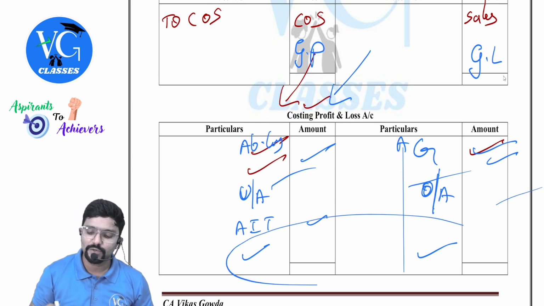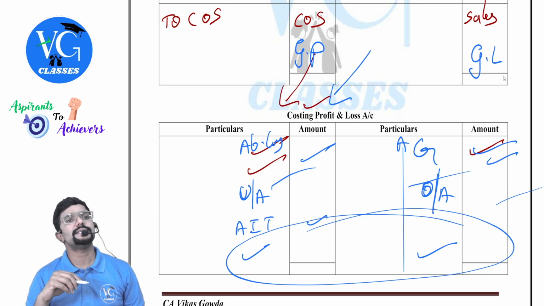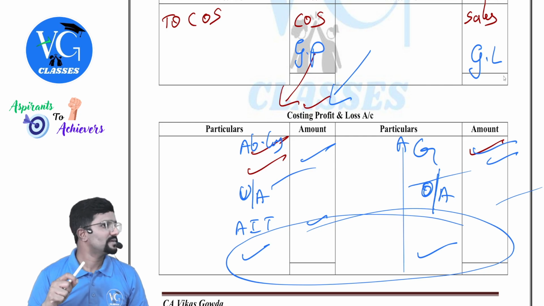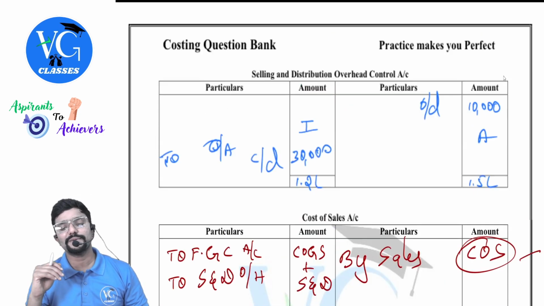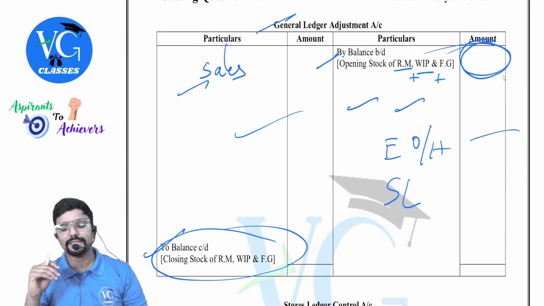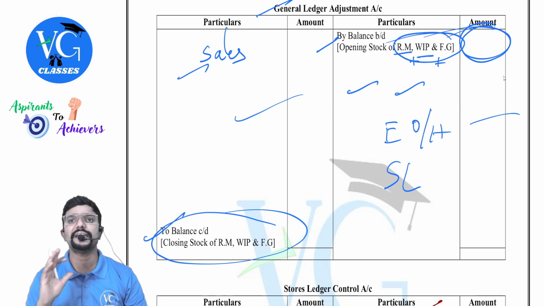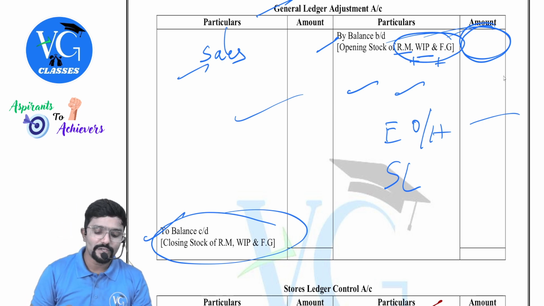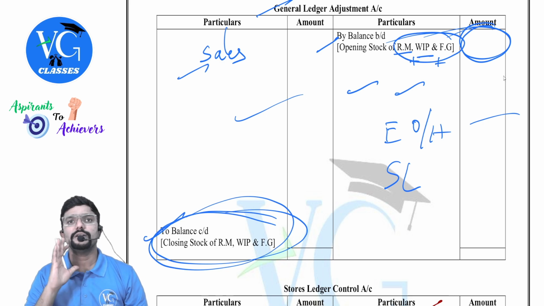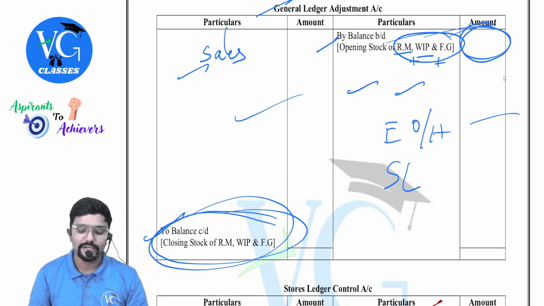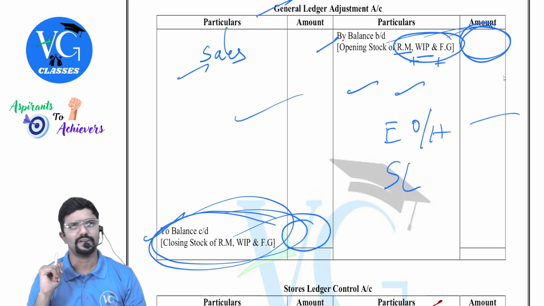We will transfer it to which account? General ledger adjustment account first. Clear? So the general ledger adjustment account will always start with the opening balance of raw material, WIP and finished goods on the credit side, and end with the closing stock of raw material, WIP and finished goods on the debit side as a balancing figure.